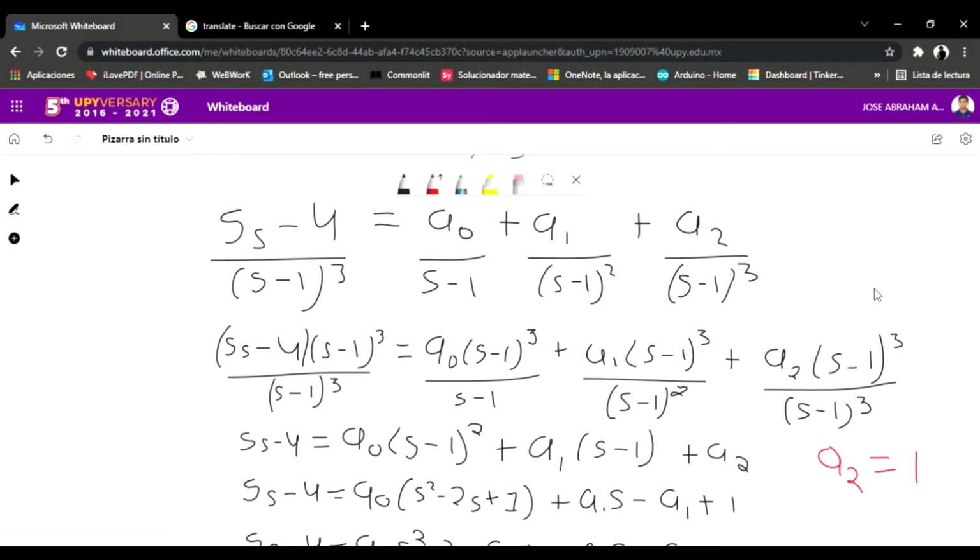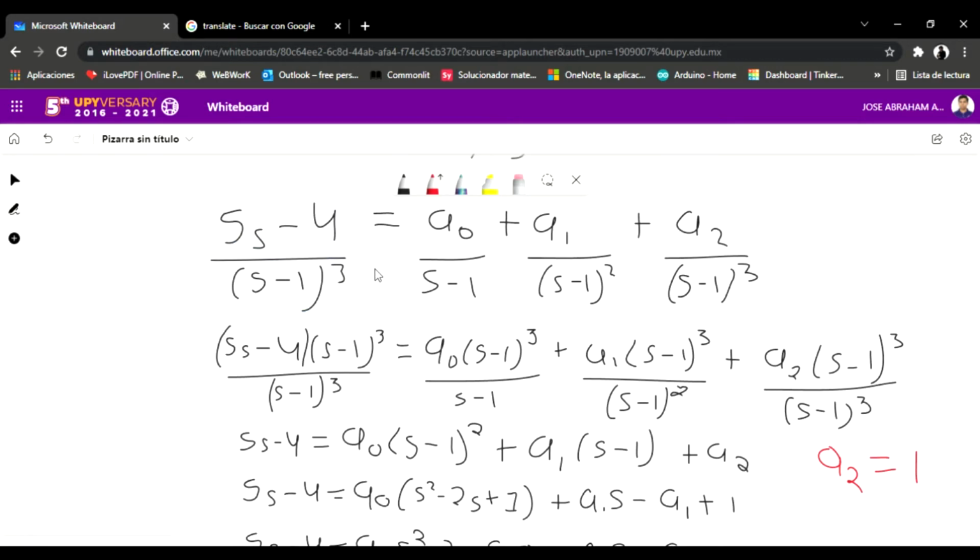Now to start to find the inverse Laplace transform of the equation, remember we have 5s minus 4 over (s minus 1) cubed, and we need to get the partial fractions of this term.